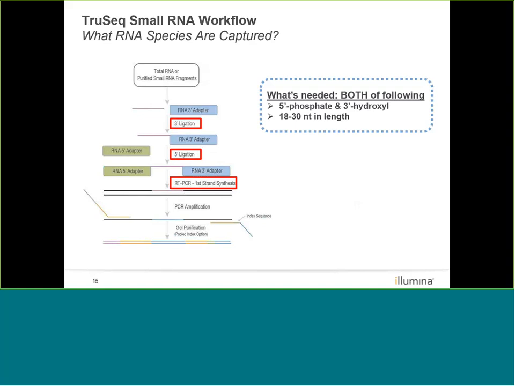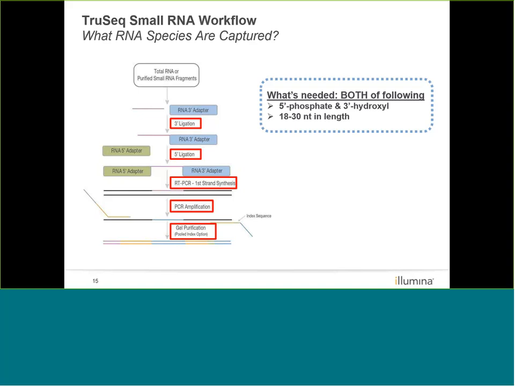Once adapters are ligated, we're going to do reverse transcription to synthesize the first strand cDNA. Then we're going to do PCR amplification. This will not only amplify but also add additional sequences that are needed for library prep and cluster generation. And then we're going to do gel size selection.